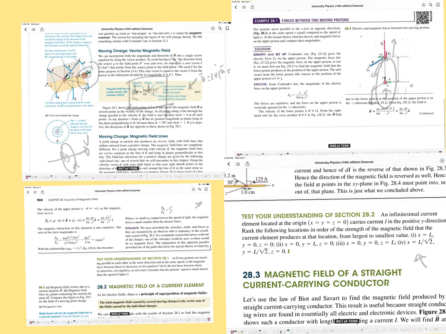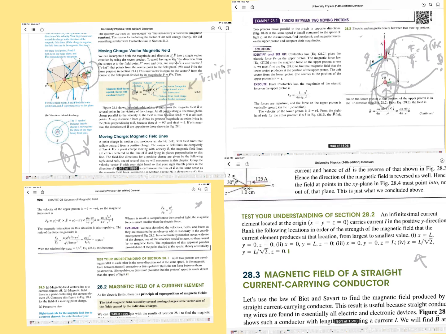So this magnetic field will create a magnetic force, and the magnetic force will be this charge, q, times this velocity, cross B, this magnetic field. So you have to calculate the magnetic field first, created by this charge, and later calculate the force on Q1 due to this charge.